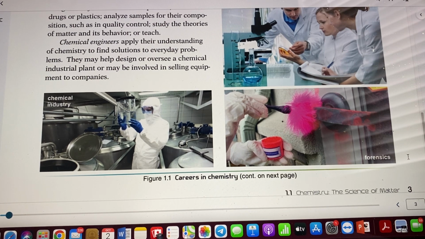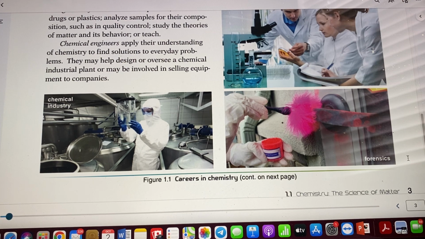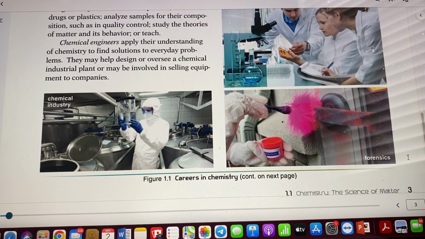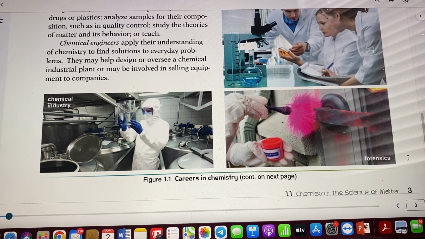These are all important. These things are all part of our life. And in unlocking the chemical mysteries, we need chemistry in all parts of our life.